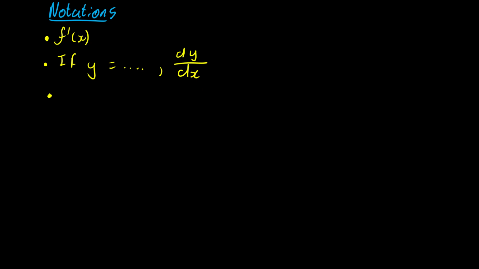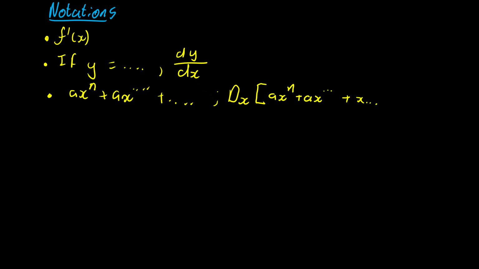Also, let's say you have an expression, ax to the power of n plus ax to the power of whatever, and it continues. If I want to find the derivative, I'll simply say d dx, and then in brackets, I'll write down the expression. All of these are different ways of asking you for the derivative.